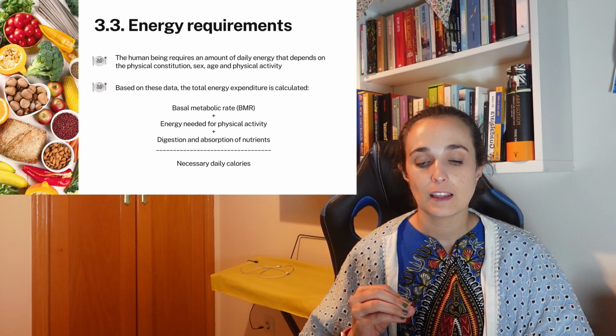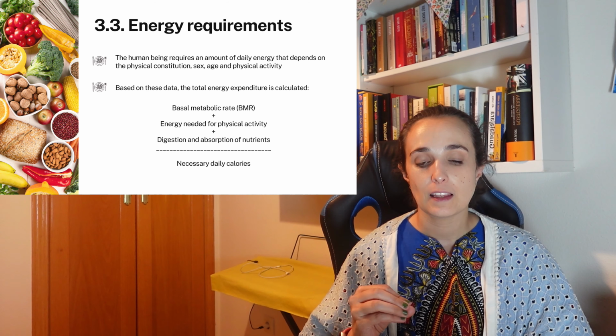Okay, it is slightly different for men and women because we have different body constitutions. We can say for both we have to multiply our mass measured in kilograms by 10.